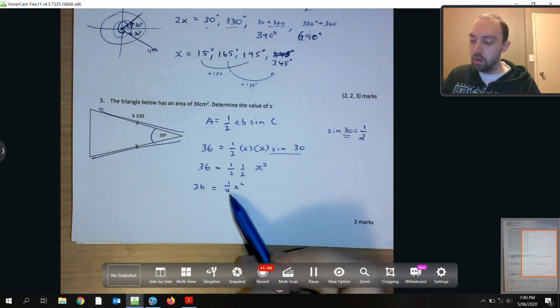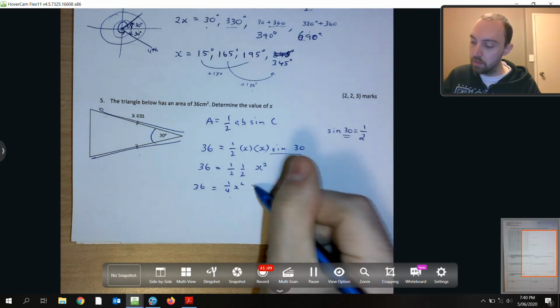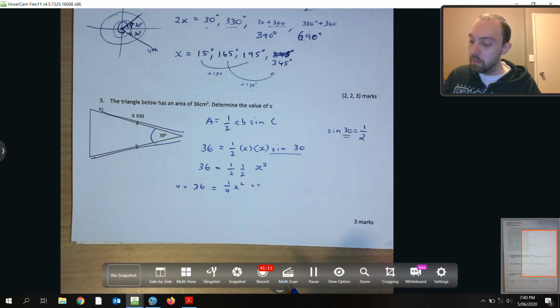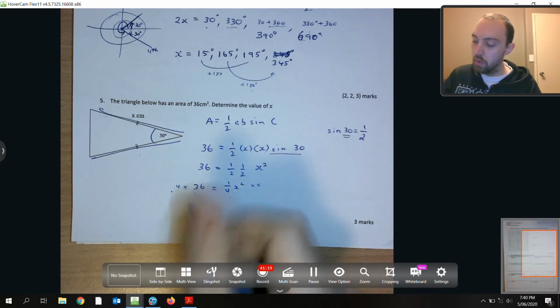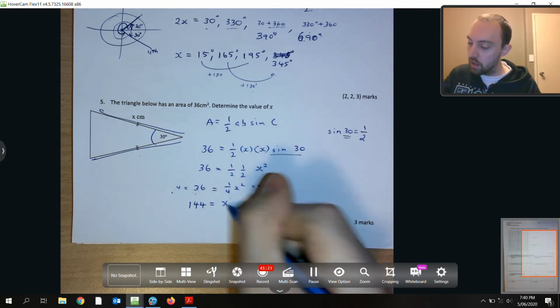So what's the opposite of quarter? Timesing by 4, so I'm timesing both sides by 4, keeping it balanced. 4 times 36, 4 times 30 is 120, 4 times 6 is 24, so 144 is equal to x squared.